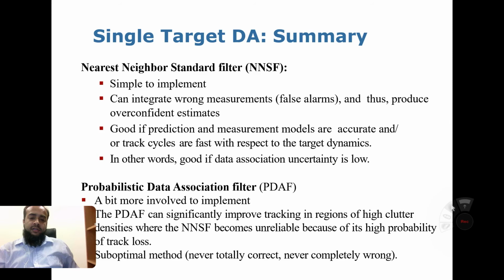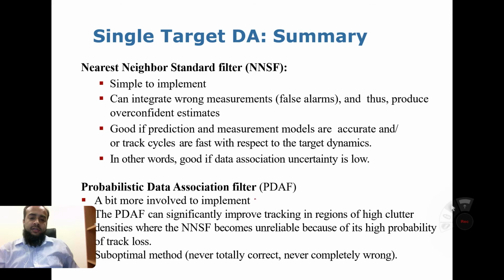In the case of the probabilistic data association filter, this is a bit more involved to implement. It means there are some more equations involved. We have to calculate the association probability, apply it to the state update, and combine the state update with the beta association probabilities.